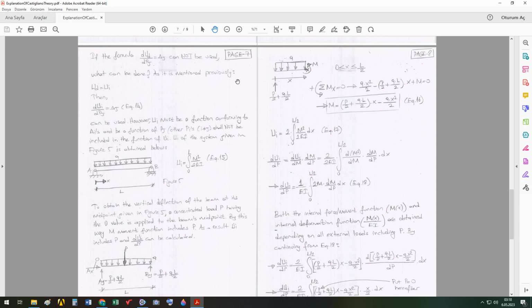But what can we do? Actually, in the textbooks, they say Castigliano theorem is that one, but in numerical examples, they do it differently. Since the potential energy of external forces is equal to the potential energy of internal forces, they always use this formula. In the subject theory, they state that Castigliano theorem is that one, and it's true.